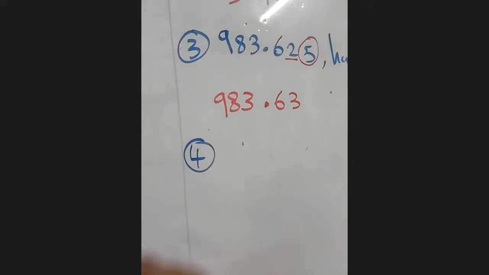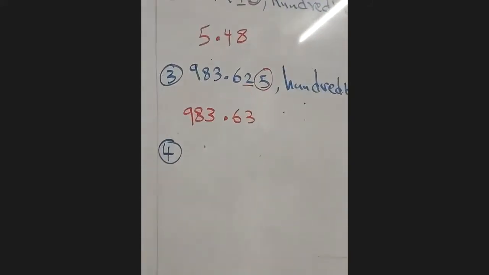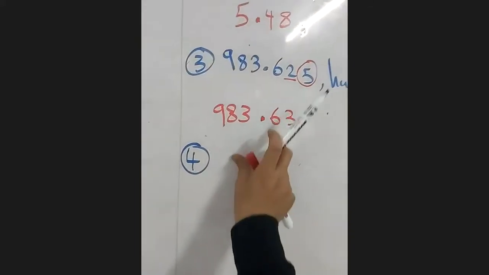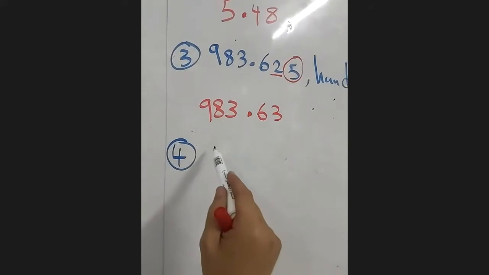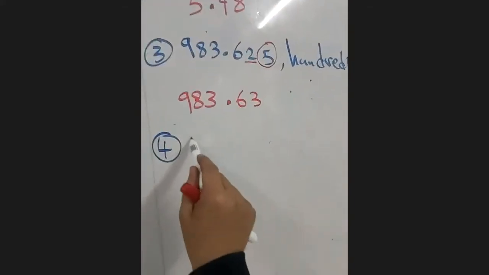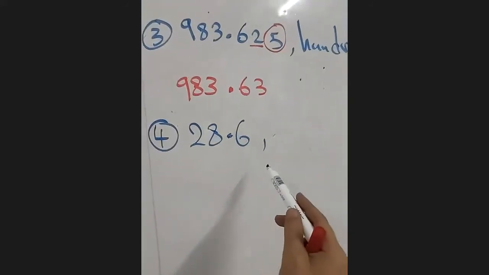What's question 4, ya Isa? 28.61. Again, read. 28 decimal 6. Decimal 6, and beside it they wrote what?